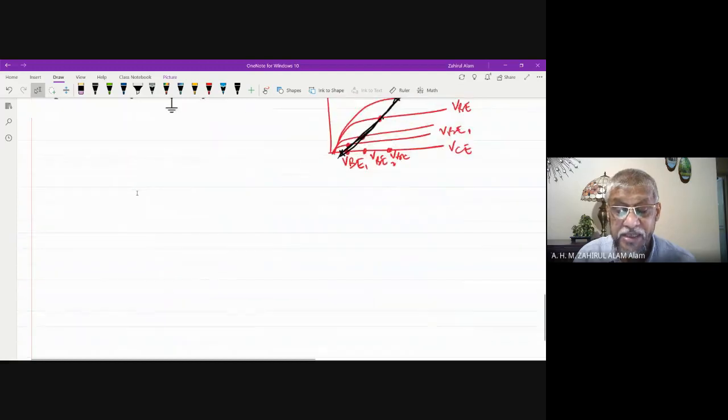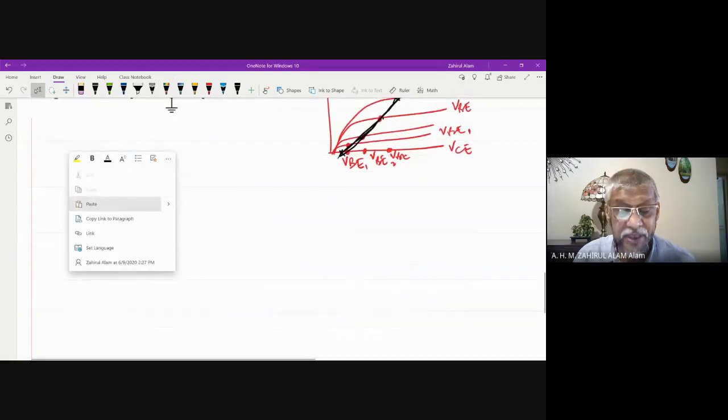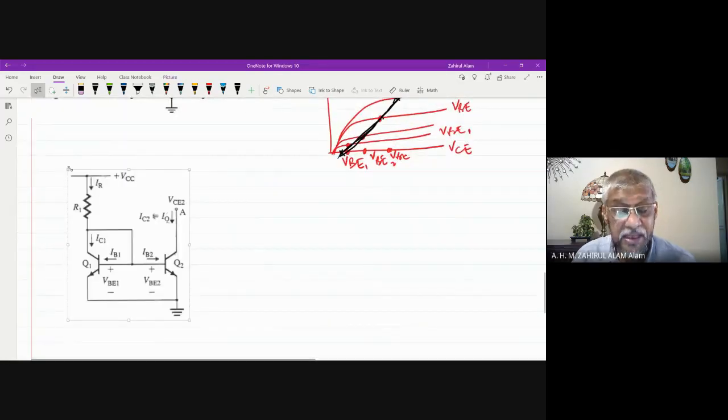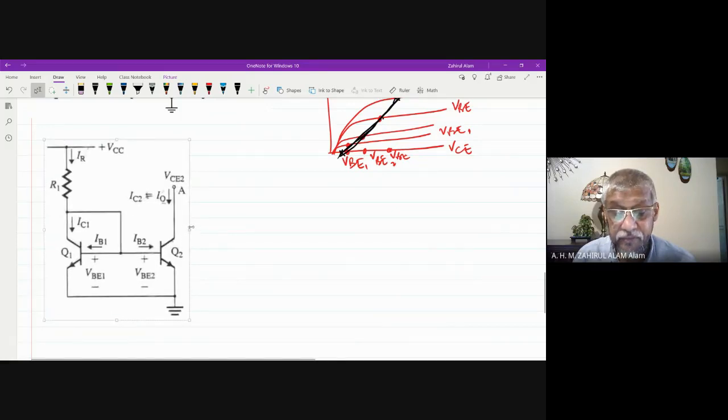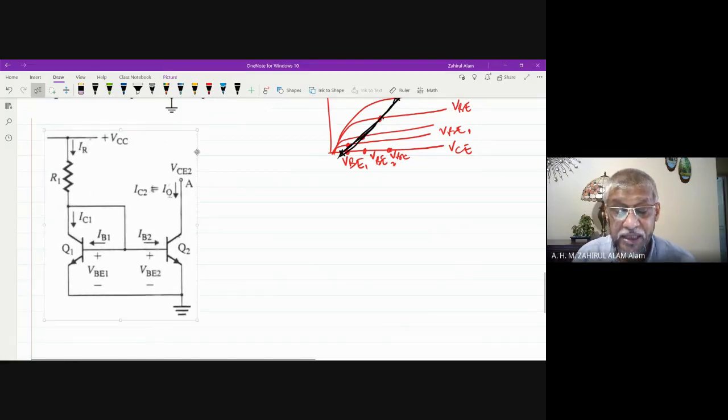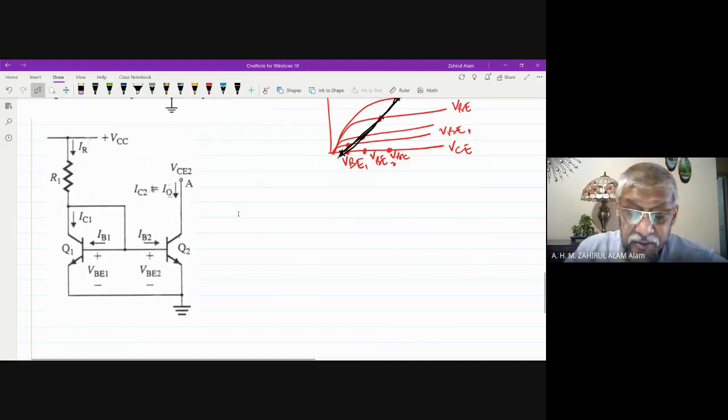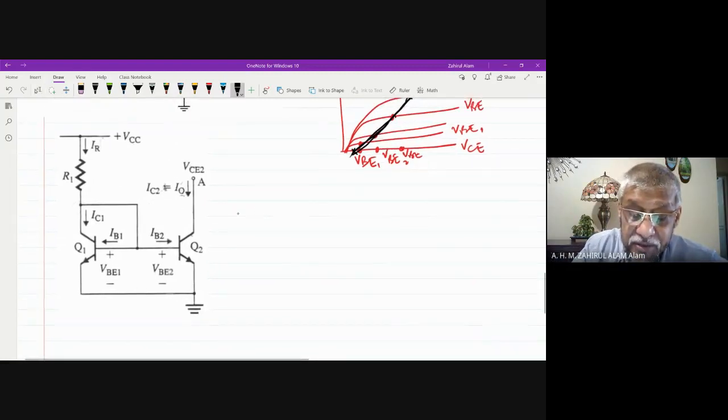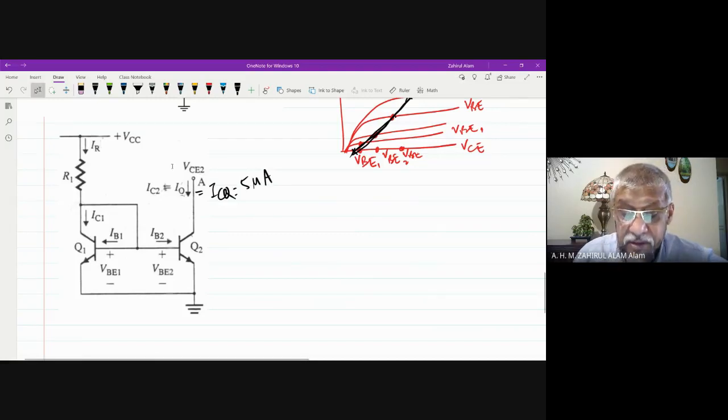Now we need to design. For example, we need to supply a certain amount of current: say ICQ is equal to 5 microampere to this transistor circuit.